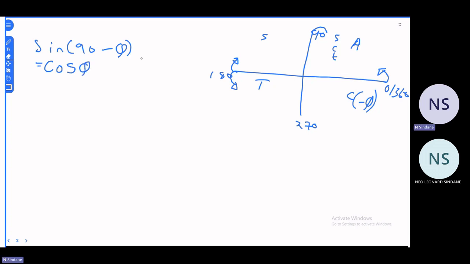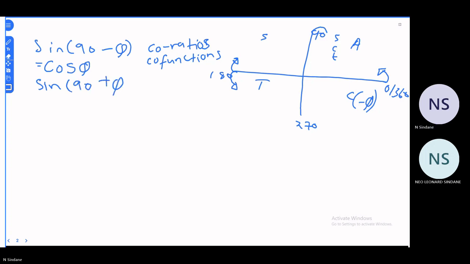This we call coratios, right? Or some other books, they call them cofunctions. I call them coratios.